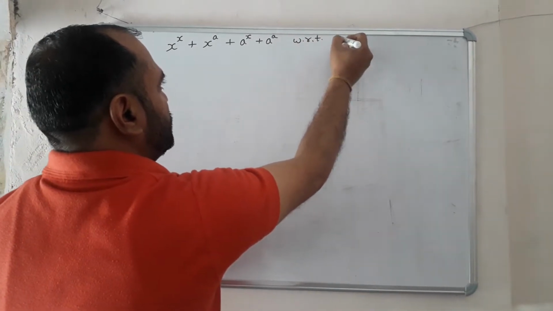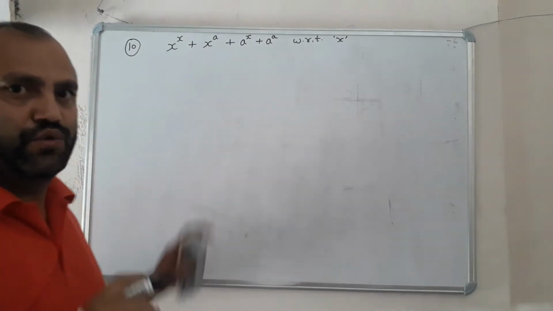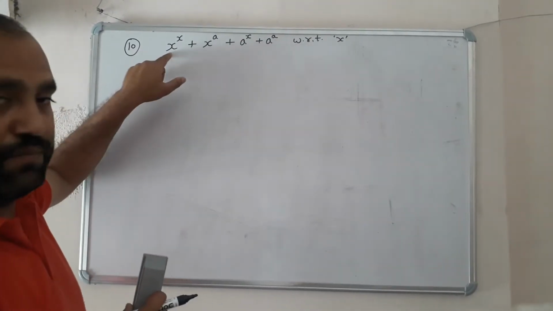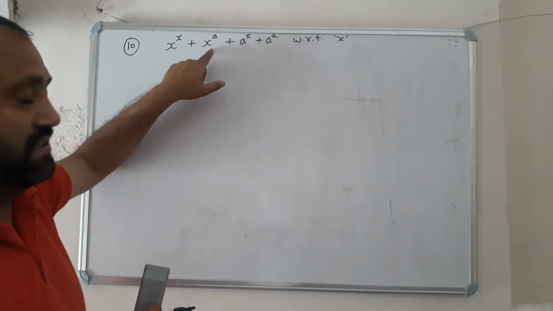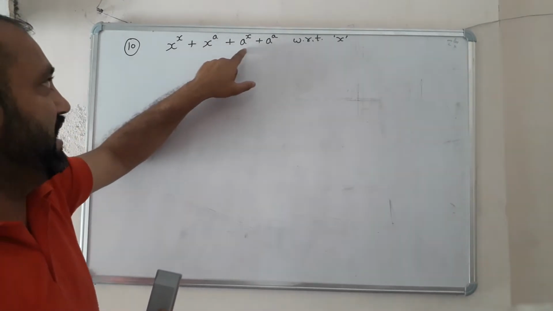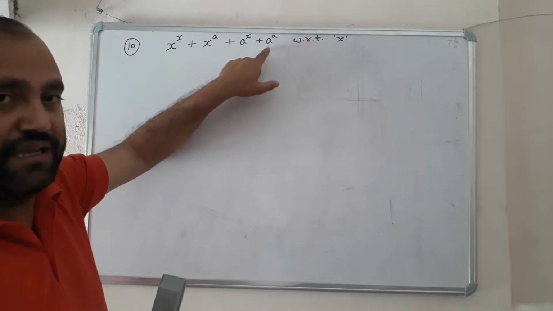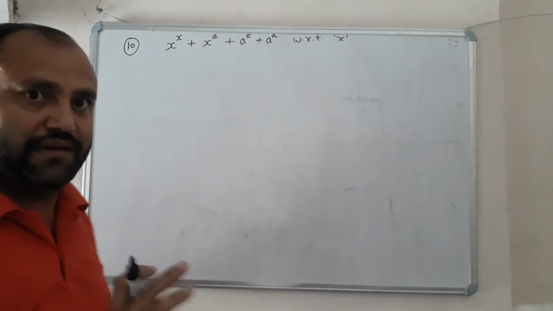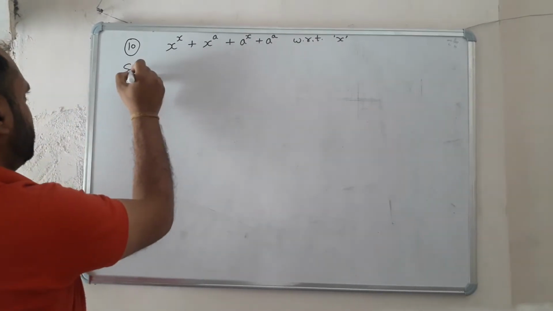With respect to x, you have to differentiate this function x power x plus x power a plus a power x plus a raised to the power a with respect to x. Let us solve this question.